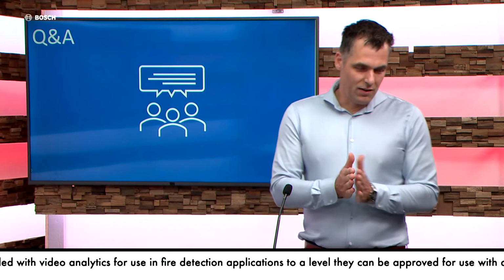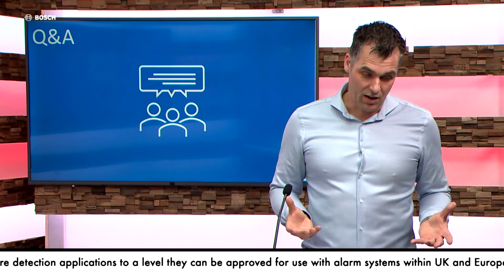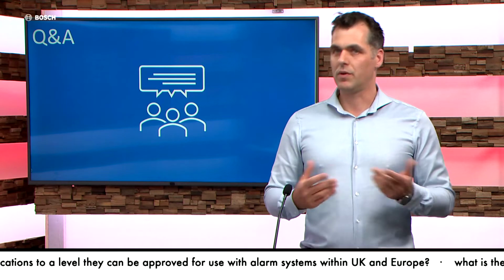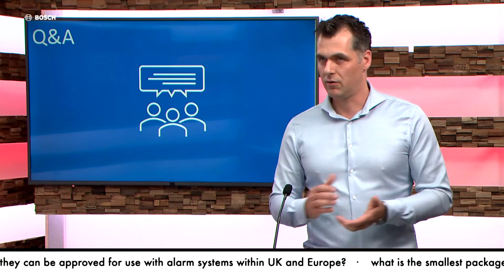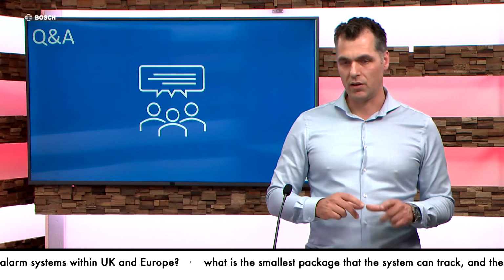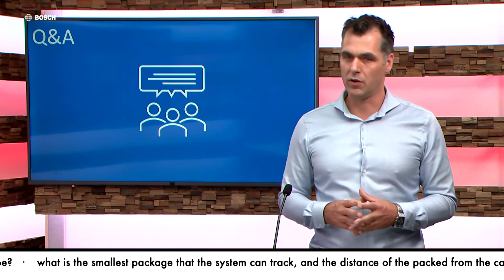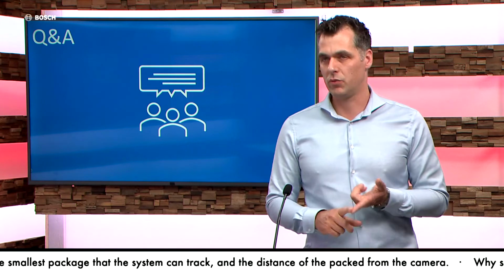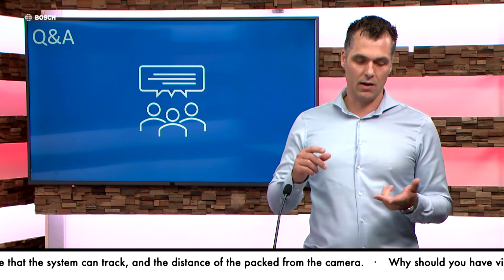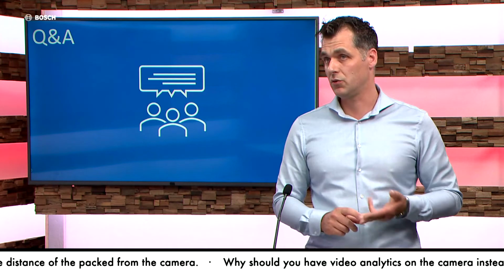Right, so today we have two solutions there. Yes, we have AI with IVA and with camera trainer, but we have deep learning AI as well. That deep learning, the deep neural network technology, is currently in the OC models, the object classifier models, which you have in our portfolio. There are our fixed cameras which are OC capable, and there are Mic cameras which are OC capable, and there's also an Autodome 7000 which is OC capable.